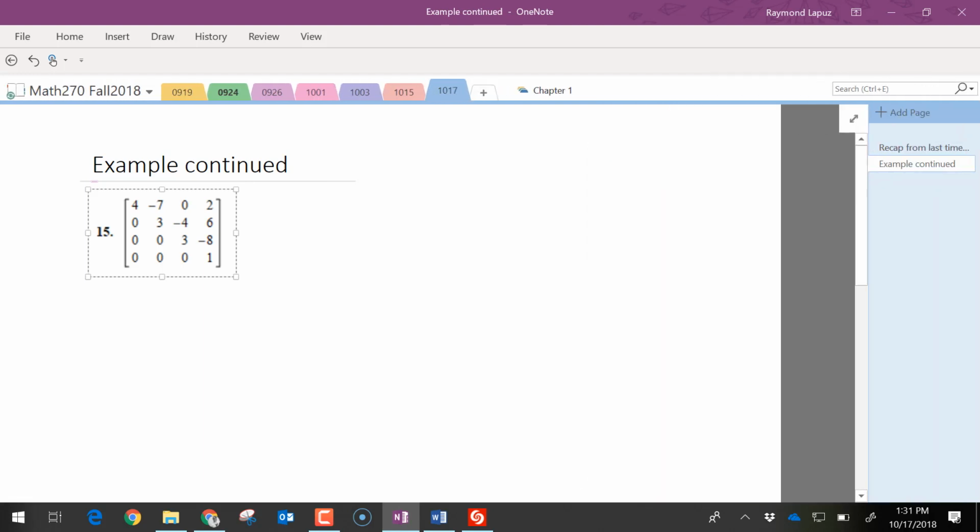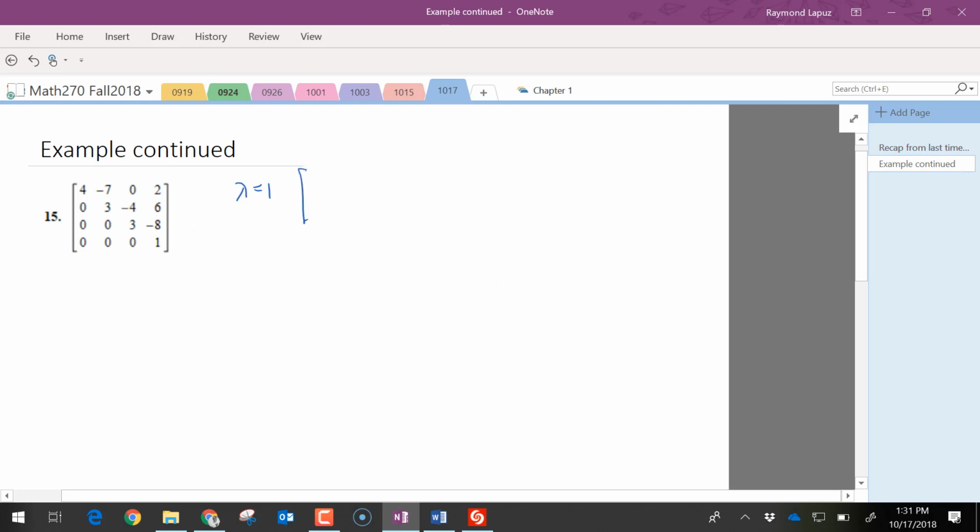Let's do the eigenvalue 1, probably where we should have started. So for the eigenvalue 1, we're going to find the eigenvectors. And what we want to do is figure out the A minus lambda I business.